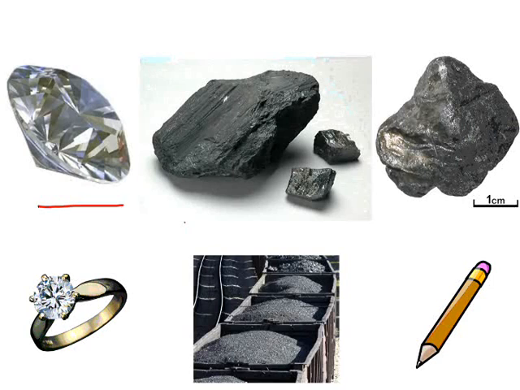In the center we have coal, technically called an amorphous form of carbon, used in the production of electricity. And over on the right, we have graphite, which is used in our pencils. Our pencil "lead" is actually graphite. All three of these have carbon atoms that are bonded together in slightly different ways, resulting in obviously very different properties.